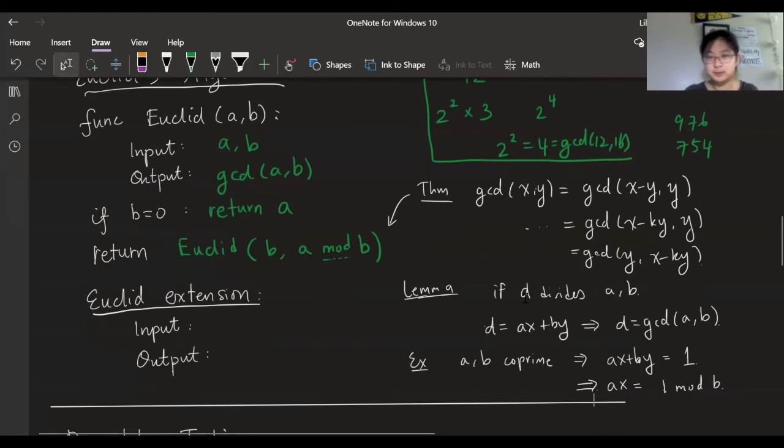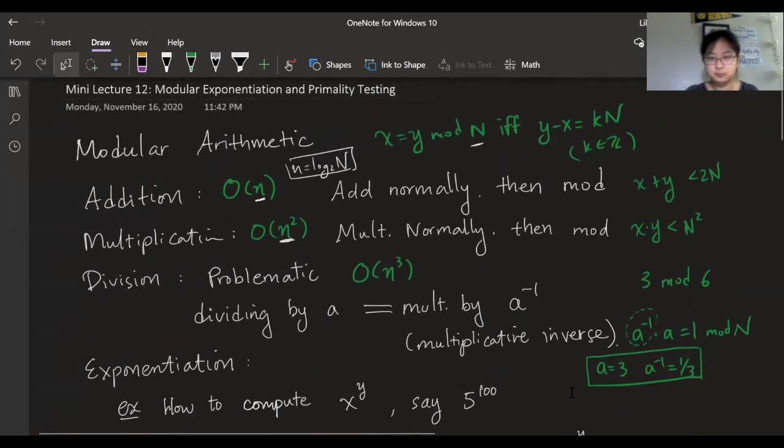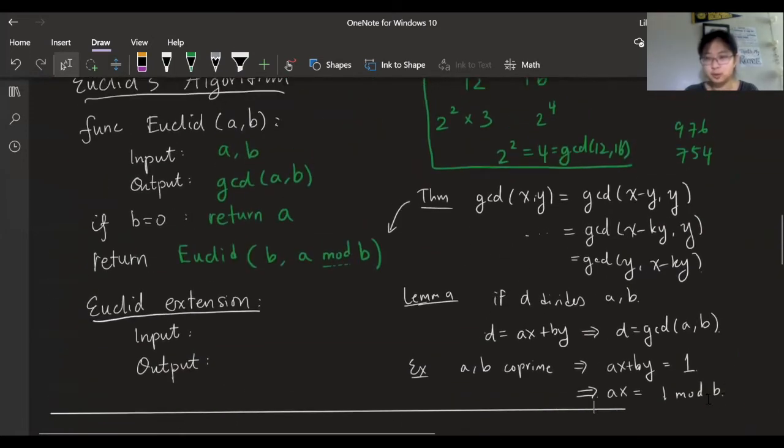Well, it should, because back at the very beginning when we were talking about division, we said that we wanted some inverse such that if I multiply this inverse by A, I get 1 mod N, right? So this tells us that if we're doing stuff mod B, then A and X are multiplicative inverses, and this gives us grounds to do division.